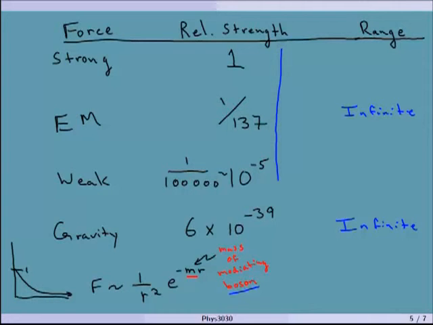The strong force and the weak force, though, especially the strong force, which is really interesting, though it's really strong, its range is only 10 to the negative 15 meters, which is about the diameter of a nucleus. Okay, and that's not an accident, right? It's not an accident that's about the diameter of a nucleus.